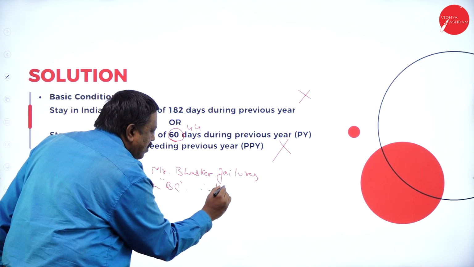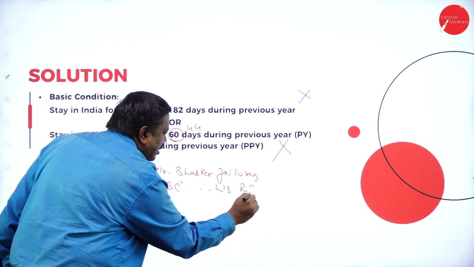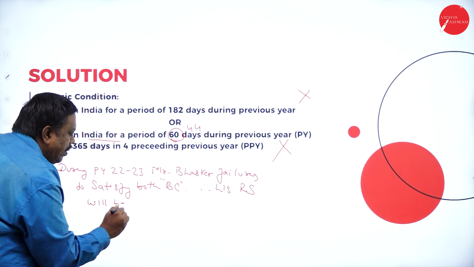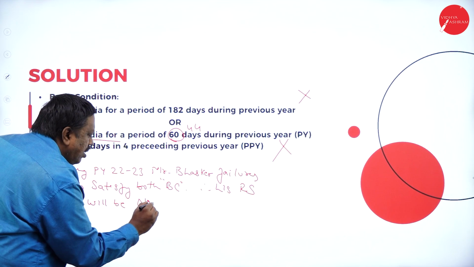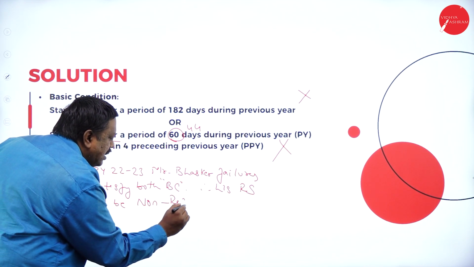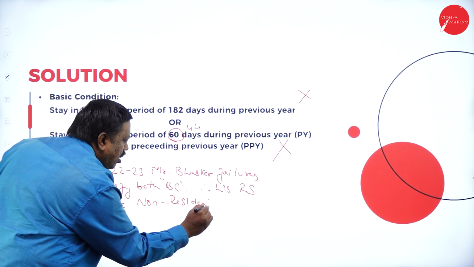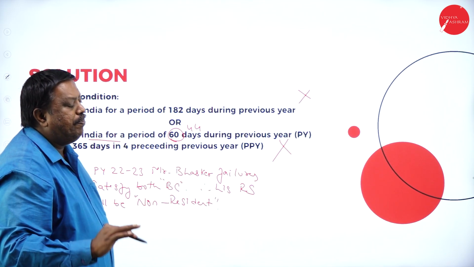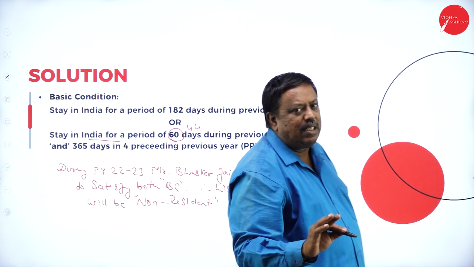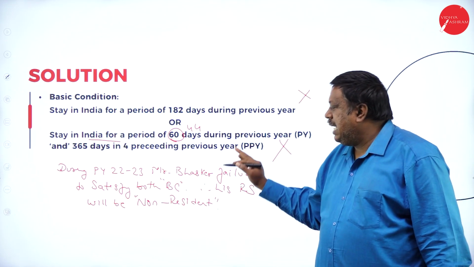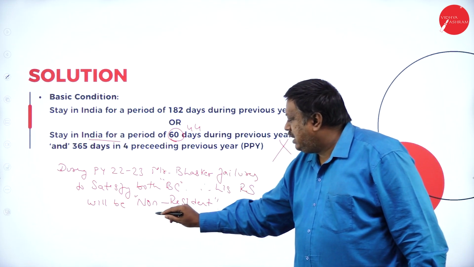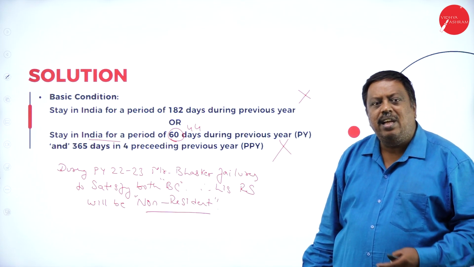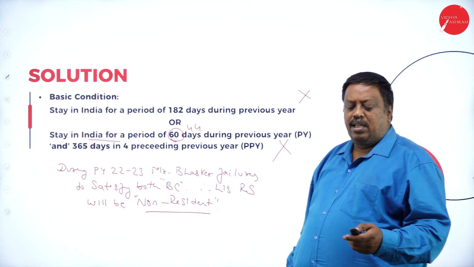Therefore, his residential status will be non-resident. When any person fails to satisfy both the basic conditions, automatically his status will be non-resident, and there is no need to verify additional conditions.